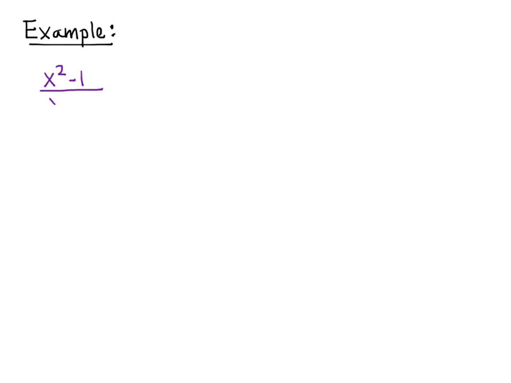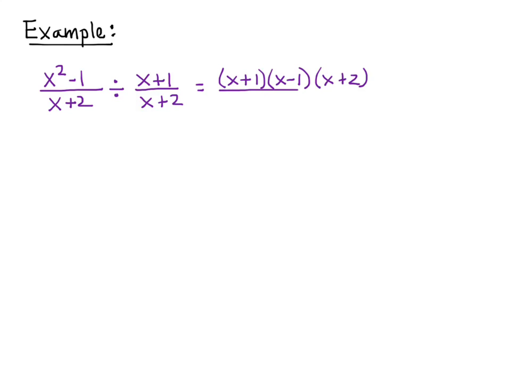Okay, let's go through a couple examples here. All right, so here I have (x squared minus 1) over (x plus 2) divided by (x plus 1) over (x plus 2). My first step always is to rewrite this as multiplication. Now what I've done here is recognize that x squared minus 1 can be factored.